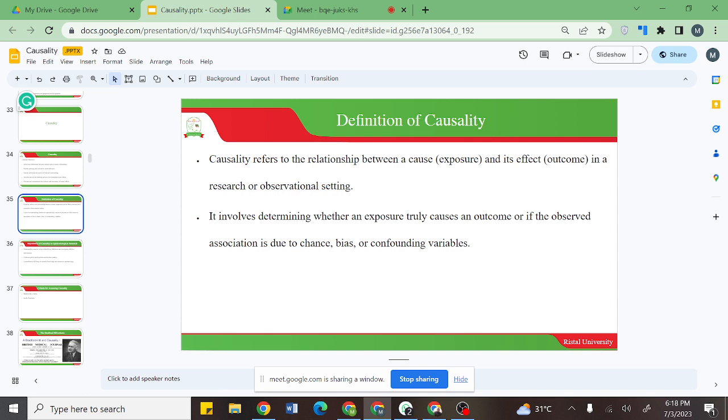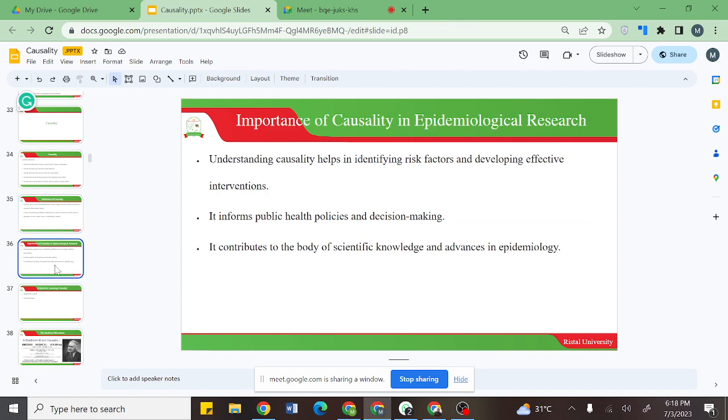What is this relationship? And how do we determine this relationship? Is it true that high cholesterol levels in blood can result into cardiovascular diseases? Okay, those are the questions we ask ourselves in causality.